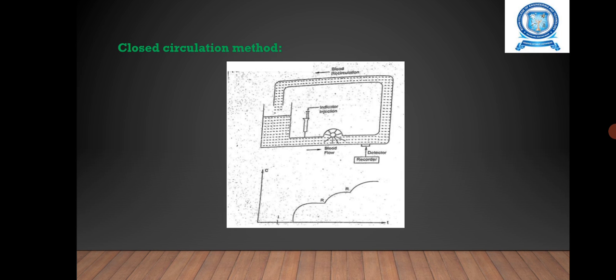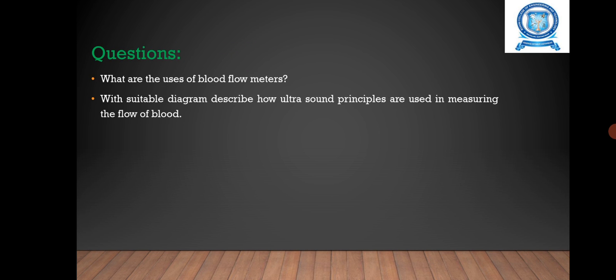Here also the indicator is injected and its concentration is measured with the help of the detector. When the indicator is recirculated, the concentration will increase step by step as shown in the following graph. The output of the detector is connected to the recorder and the flow can be determined.